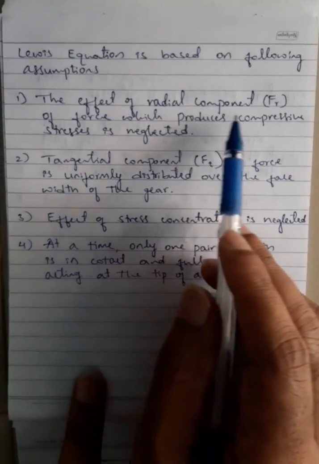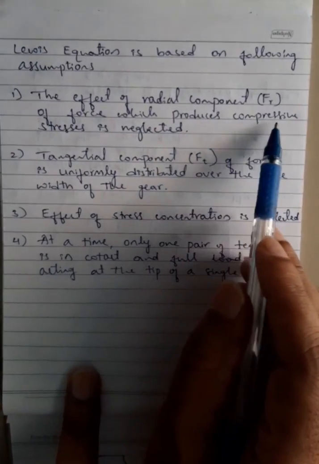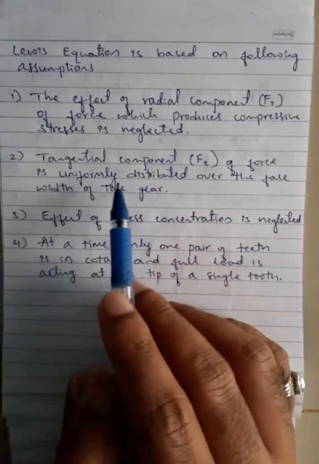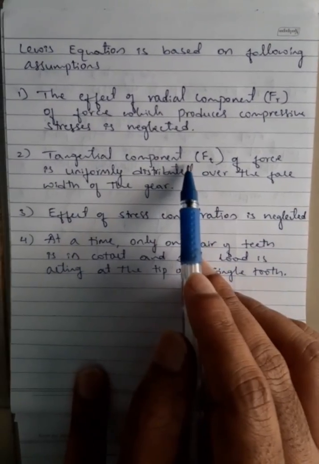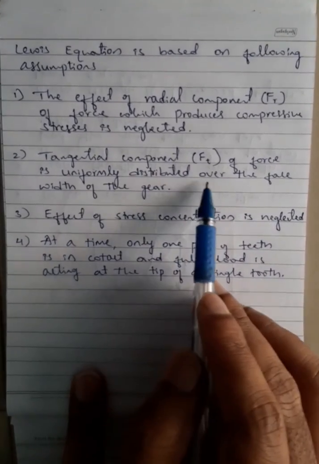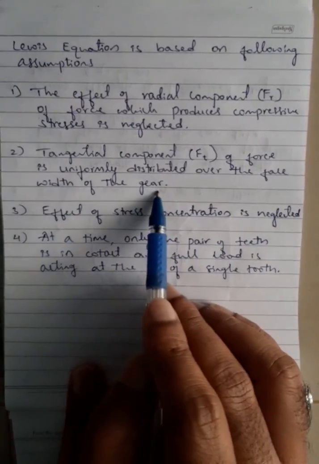The effect of radial component Fr is to be neglected since the compressive stress produced by it is very small. Next we have the tangential component Ft. We assume that it is uniformly distributed over the entire face width of the gear.